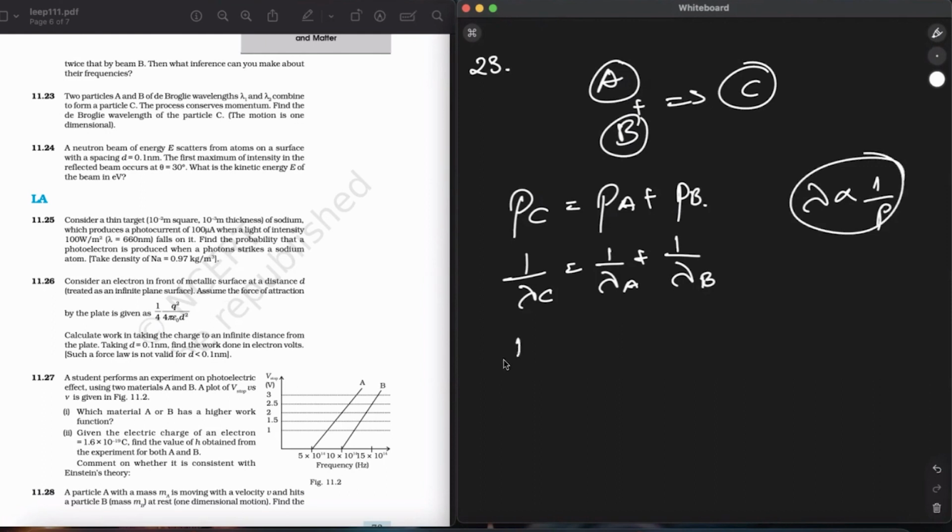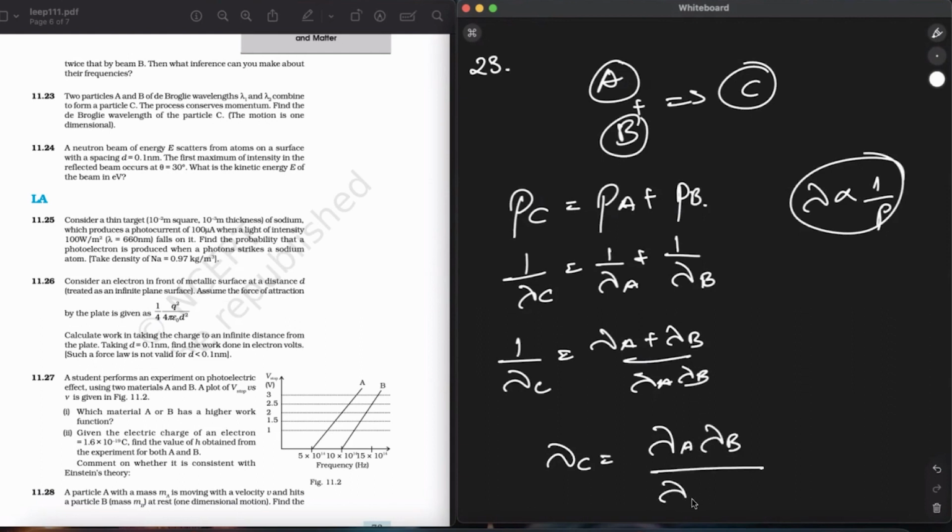So 1 upon λC is (λA plus λB) divided by λA λB. So λC is λA times λB divided by (λA plus λB).